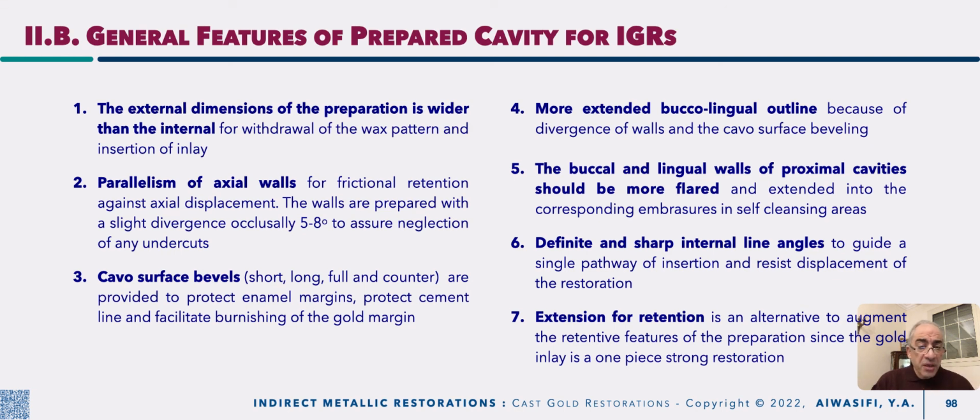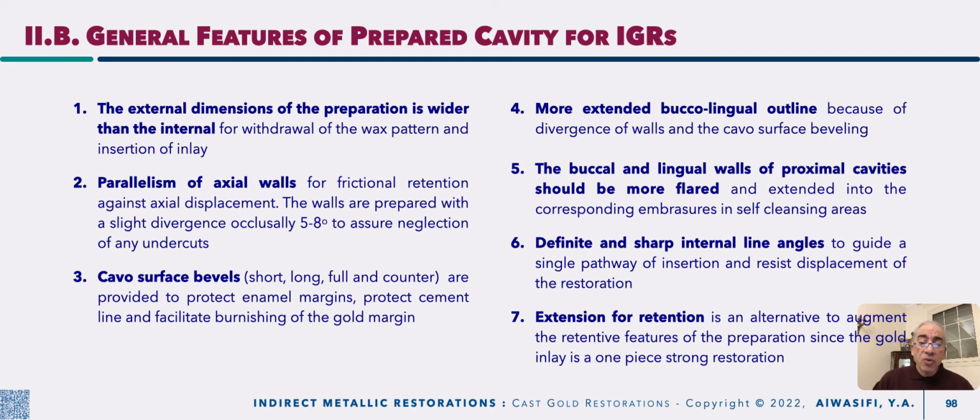Cavosurface bevel, either short or long, full or counter bevel for weak cusps, to provide maximum protection of the enamel margin and protect the cement line, and at the same time provide you with room for burnishing of gold. The cavity has a more extended buccolingual outline because of the divergence of the wall and the cavosurface bevel.